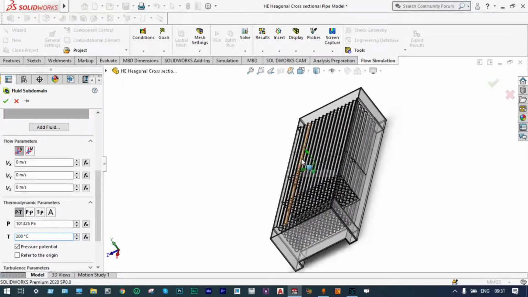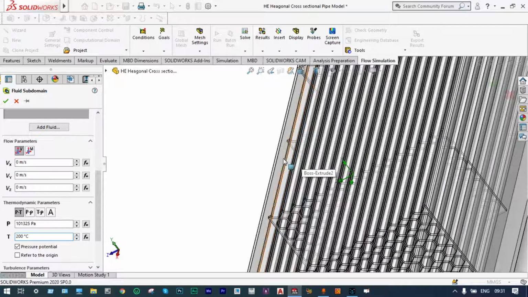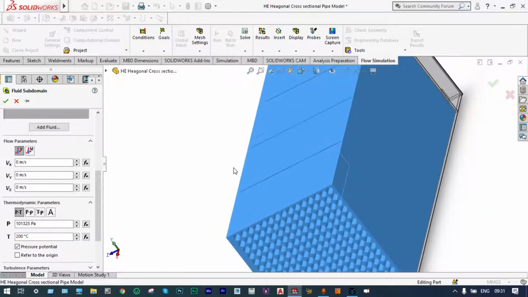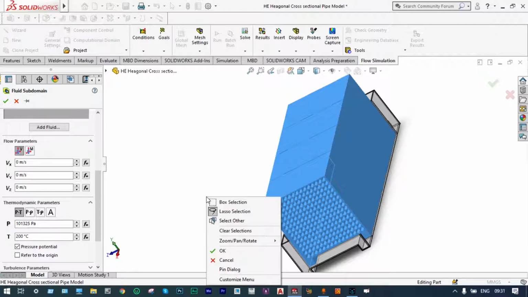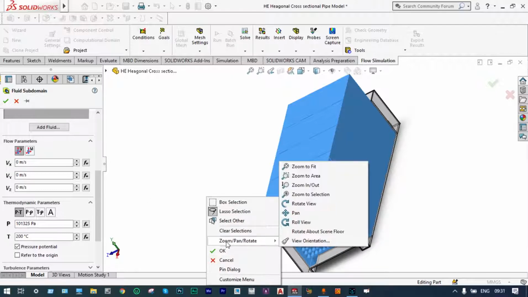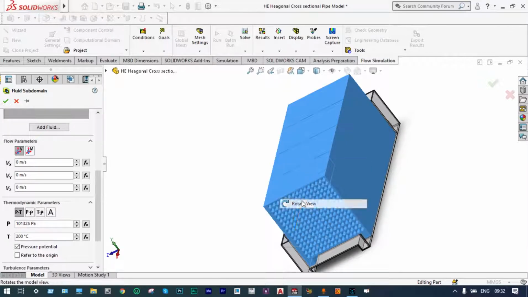Now the hot inlet location will be the side walls, and from the side walls we'll be providing heated air at 200 degrees centigrade. Right, you can see if you rotate this one, it will be clearly understood regarding two different fluid subdomains.